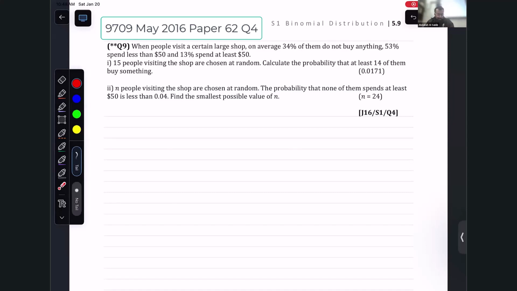When people visit a certain large shop, on average 34% of them do not buy anything.